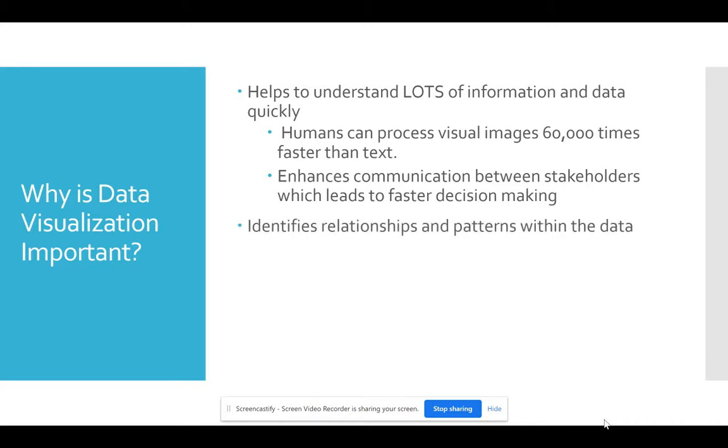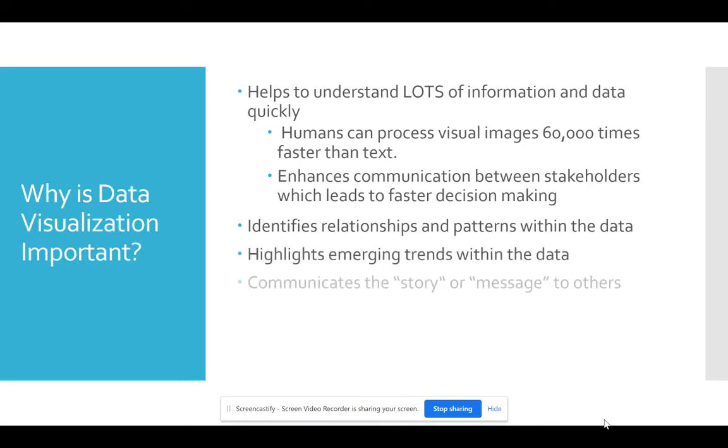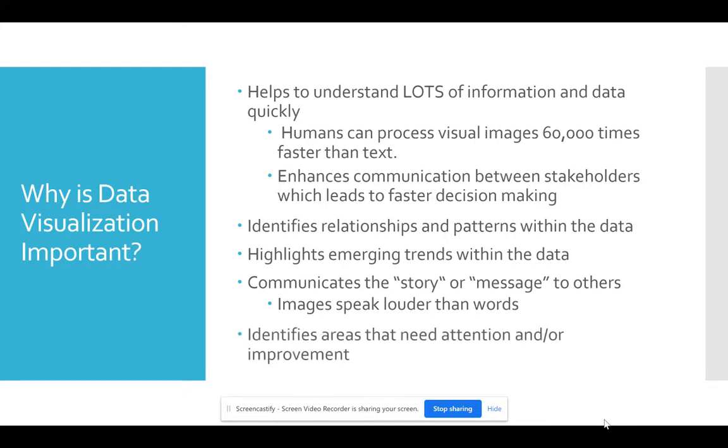It helps you to identify relationships and patterns within the data. It highlights emerging trends within the data very easily. And again, it helps you to create a story or a message to others and to your stakeholders. A picture is worth 1,000 words is an old saying. So images speak louder than words.